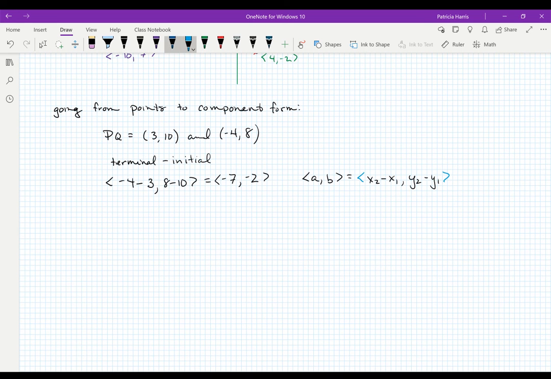Let's say your vector is given by initial point R, terminal point S. Okay? So we're going to write our new vector. We're going to use our formula.